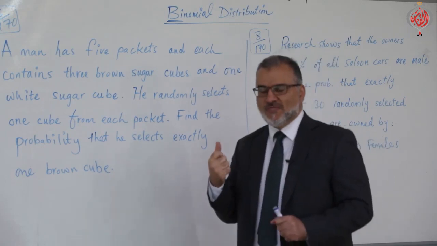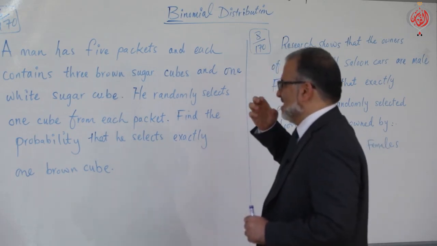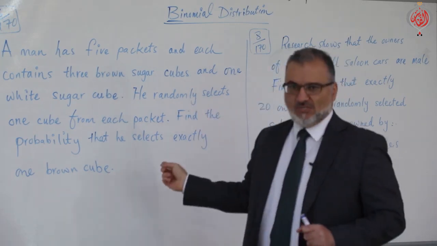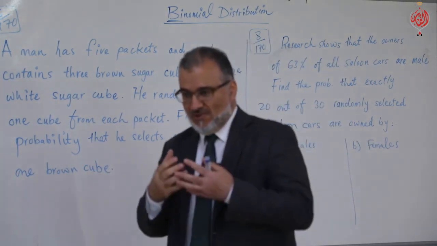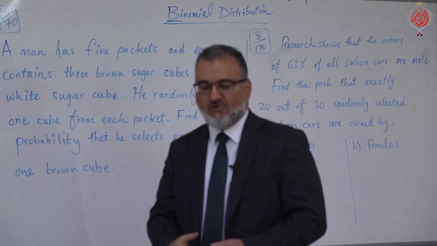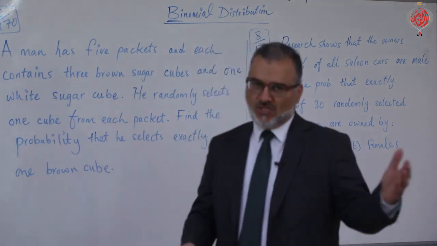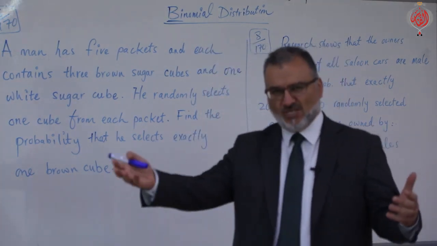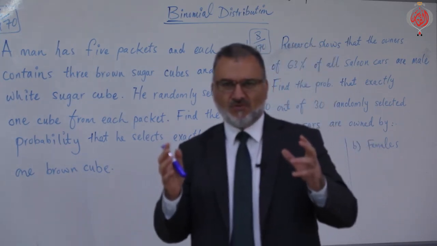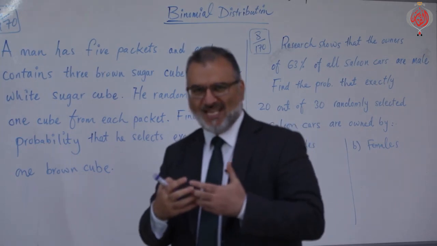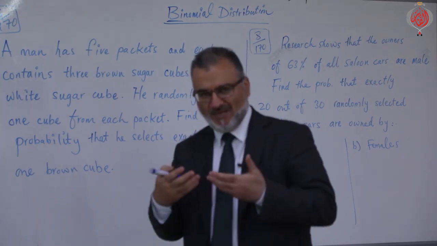You have to know something important, that the random experiment, in order to deal with the binomial distribution, should be discrete, not continuous. Once we study the normal distribution, you will compare between them, so your understanding of distributions will be better and better.